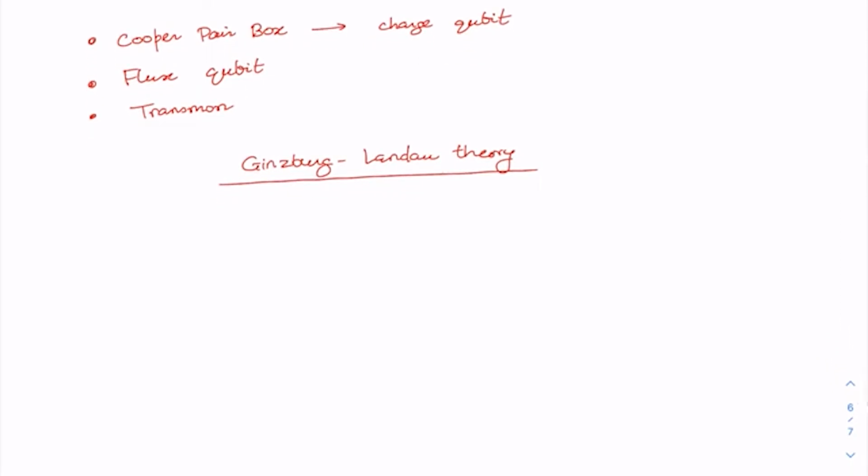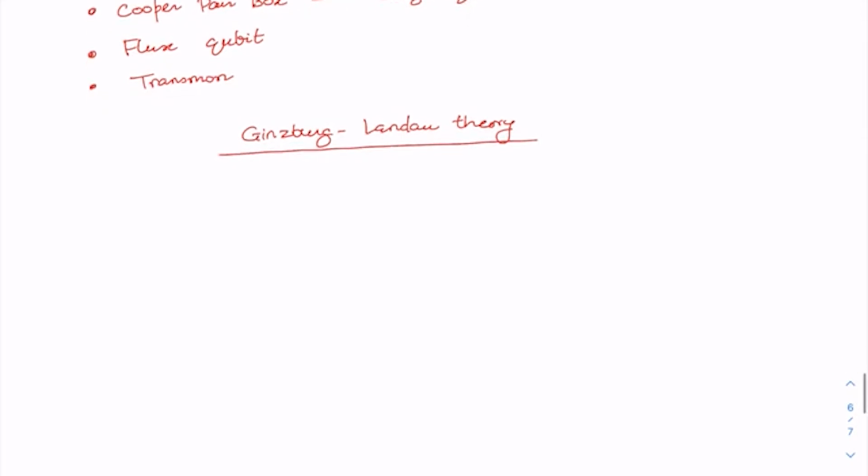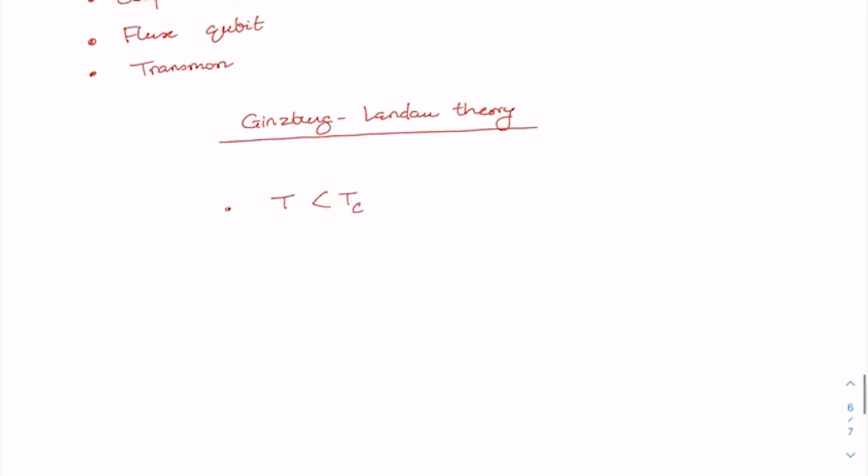As you recall, superconductivity appears in a material when it is cooled below the critical temperature. In this case, the physical device kept at a temperature less than the critical temperature exhibits zero resistance and expels the magnetic field.